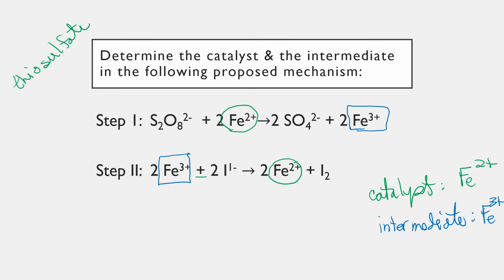Now with this one, let's go ahead and determine the overall reaction just for practice. So remember, we can cancel our intermediates and we can cancel a catalyst. So our overall reaction is S2O8 2 minus. Again, that's called the thiosulfate ion.